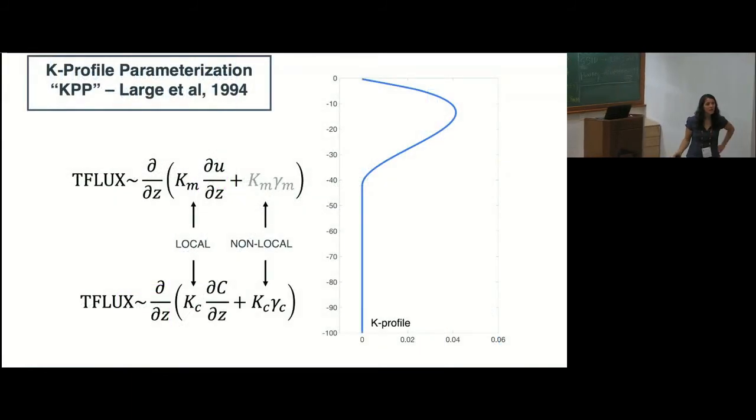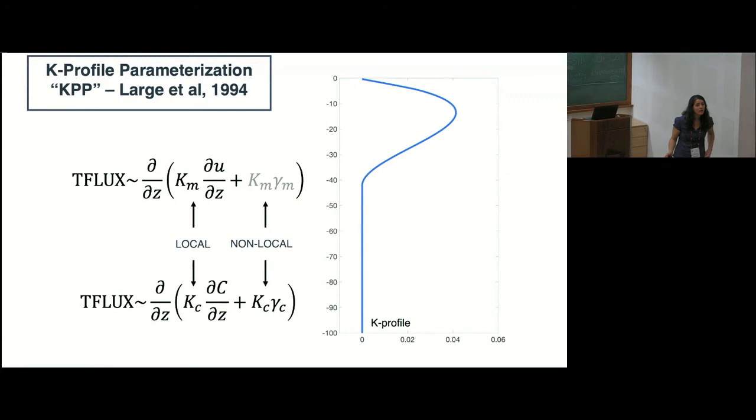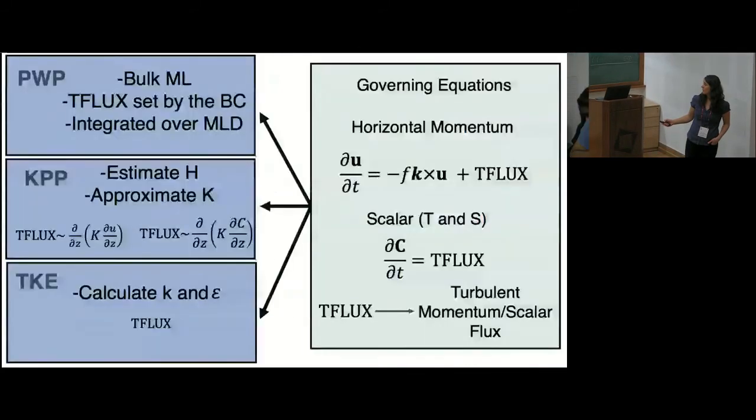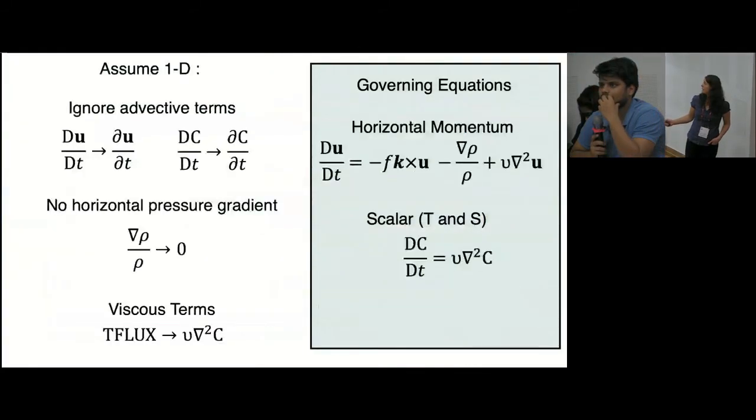You defined a length scale based on buoyancy and the wind stress. The Monin-Obukhov? Yeah.